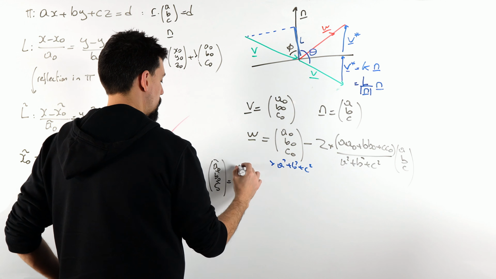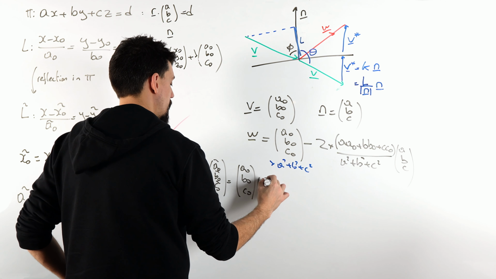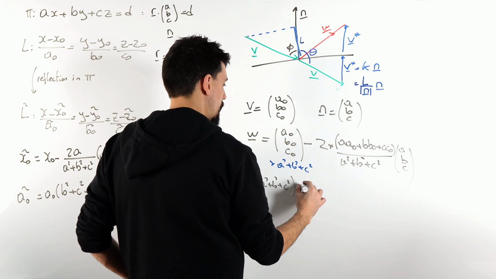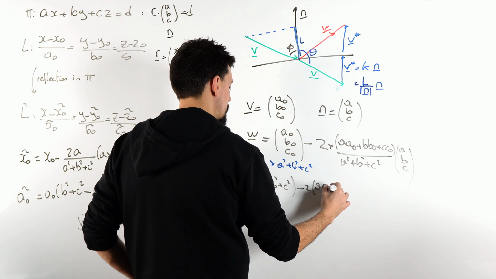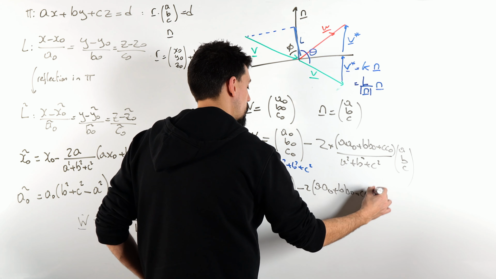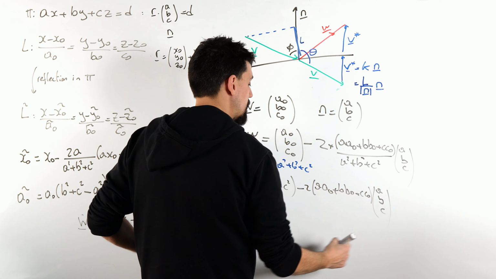That's A0, B0, C0 times A squared plus B squared plus C squared minus 2 times A0 plus B, B0 plus C, C0. All of that times the vector A, B, C.